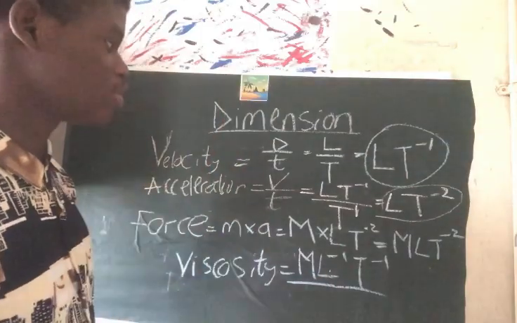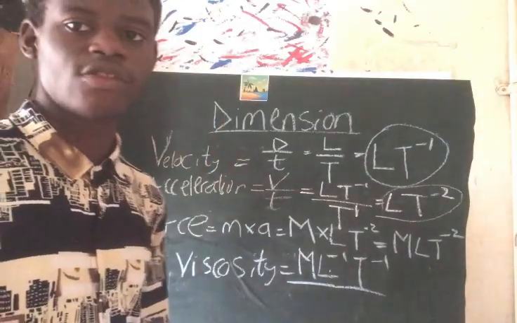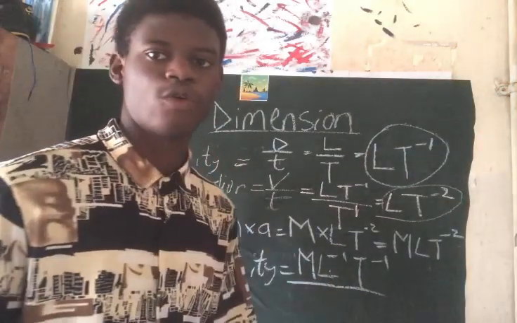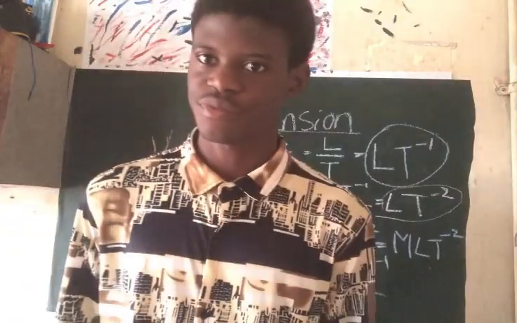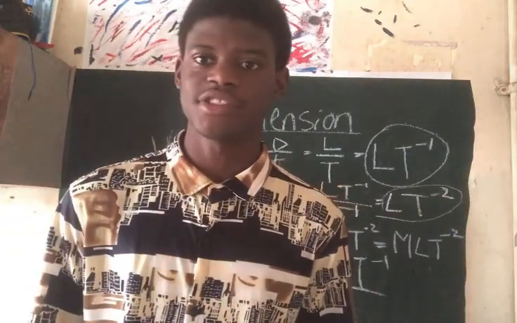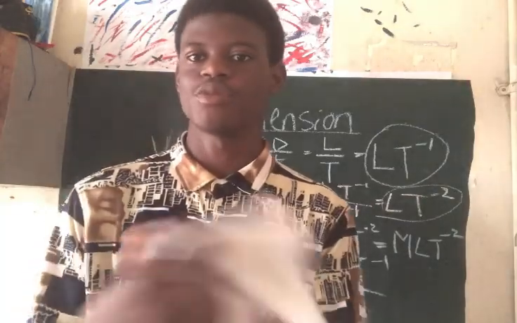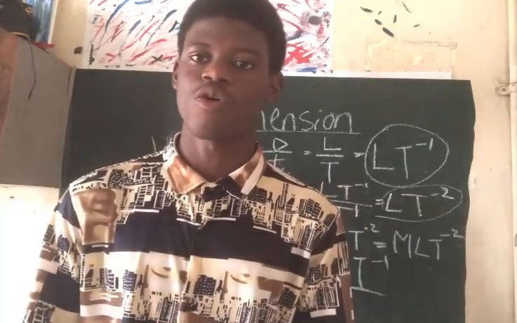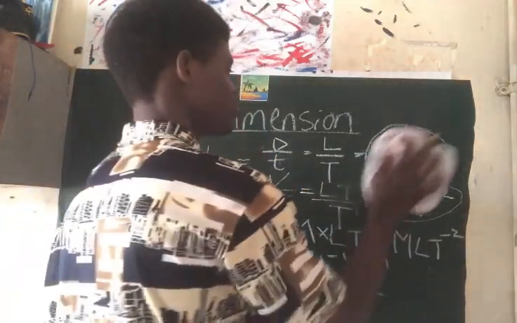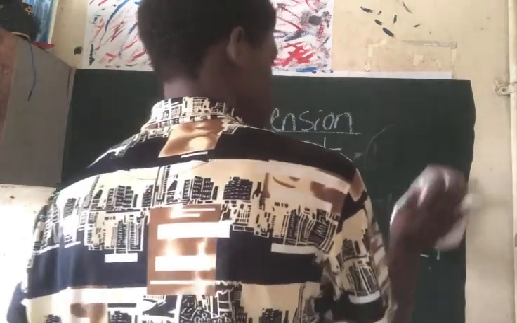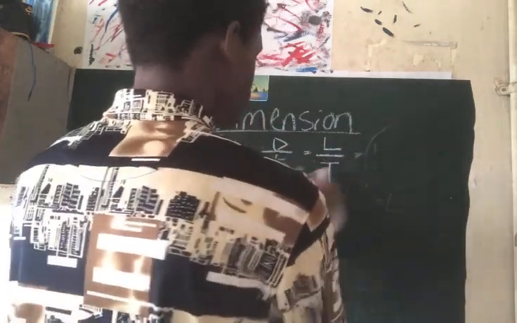So just know these ones offhand. If they ask you for the dimension for volume, you know volume is area times height, and area is length times length. That's L cube. So the dimension is going to be L cube. They can ask you for this one, it is common.